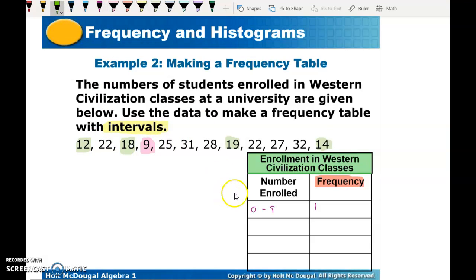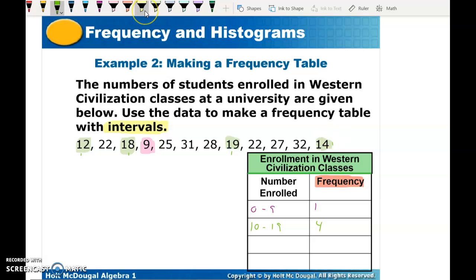So I'm going to make an interval here, 10 to 19, because we want these to be the same width. And there are 4 of those, I think. Yeah, let's see. 1, 2, 3, and 4 of them. Yeah, so there's 4 of those.